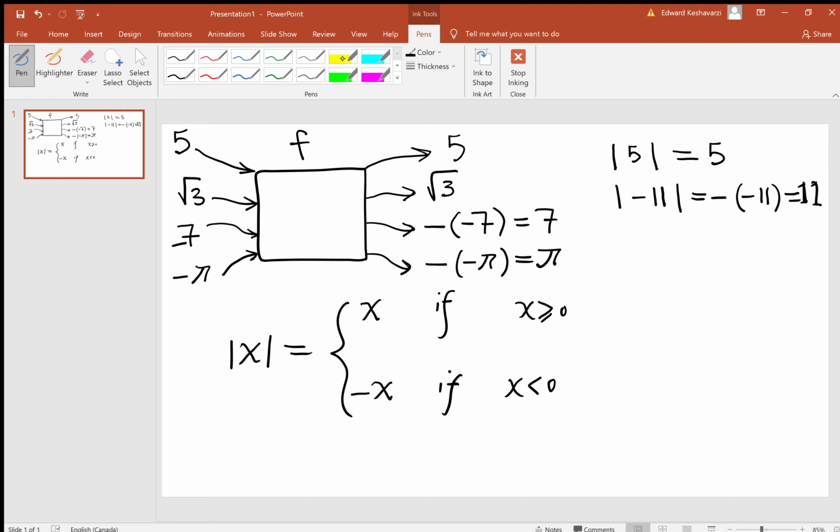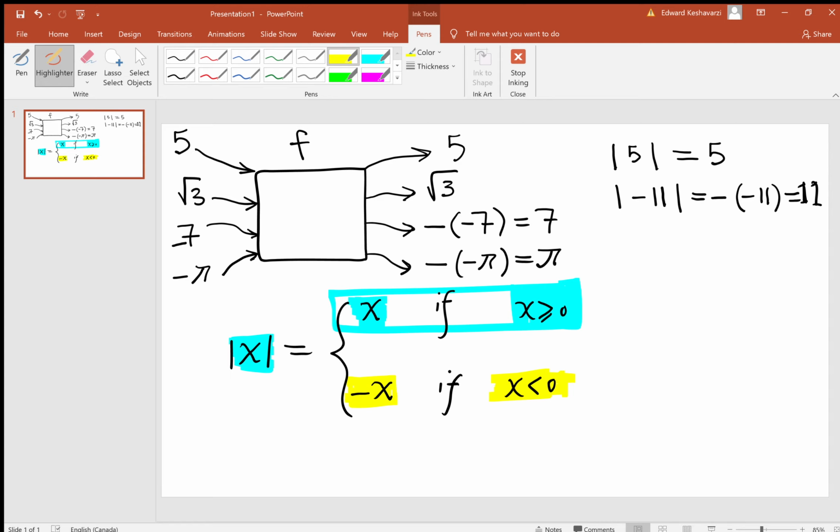And again, if you look at this one, it says if x is larger than or equal to 0, then absolute value of x becomes itself. No change. But if x is a negative number, we multiply it by another negative to make it positive.